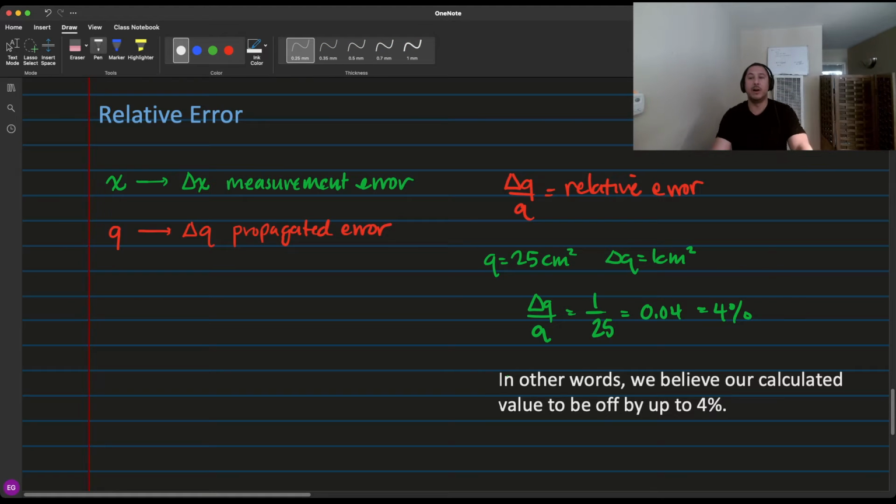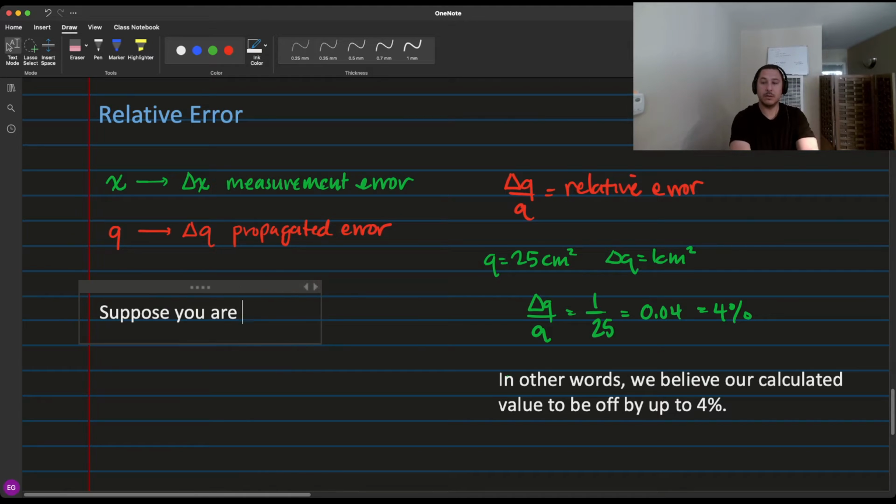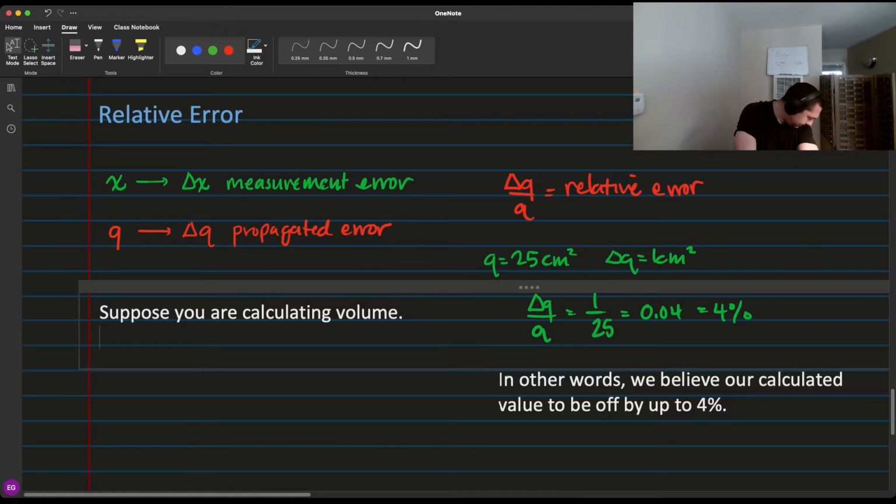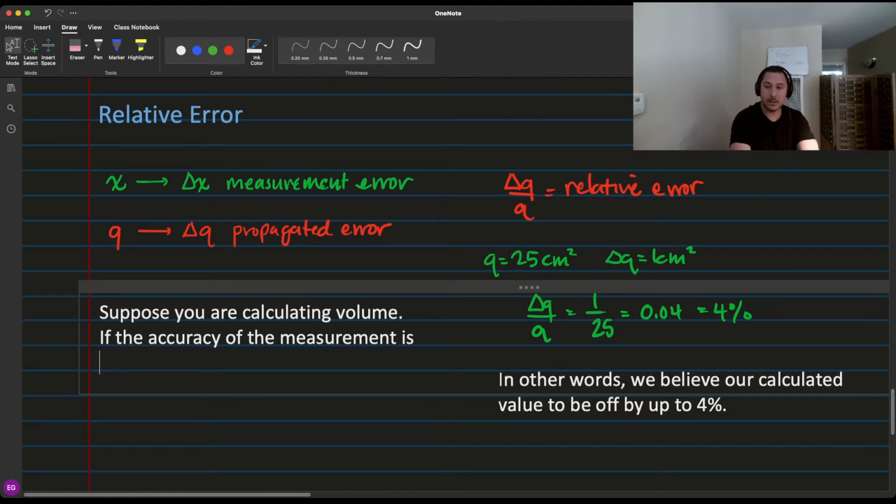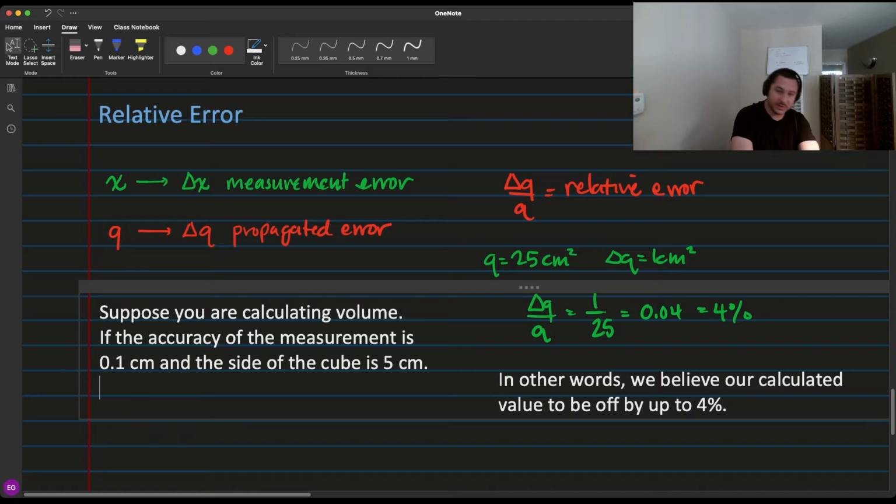Let's say that you're calculating volume. Suppose you're calculating volume. If the accuracy of the measurement is, again, 0.1 centimeters, and the side of the cube is 5 centimeters, then we can ask ourselves, what is the relative error?